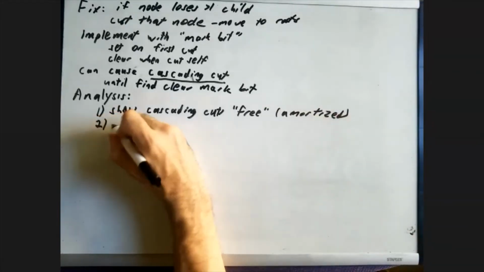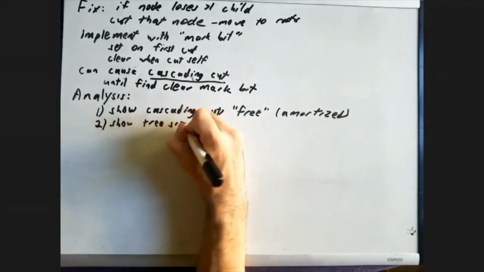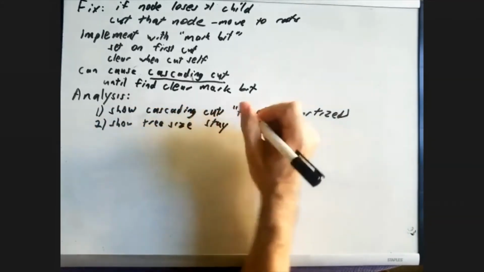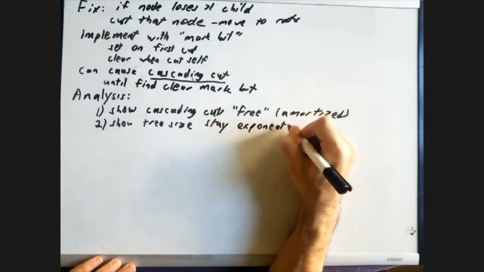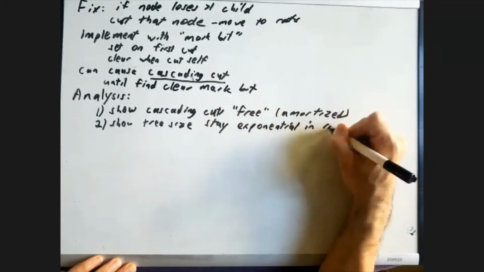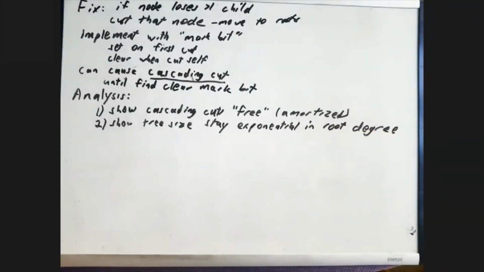And once we have done so, we need to show that the tree size stays exponential in the degree of the root. So if we're able to prove these two things, then I claim we will have a working Fibonacci heap data structure with great runtimes for all of these operations. Does everybody see that? Are there any questions about why it's sufficient to demonstrate these two facts?